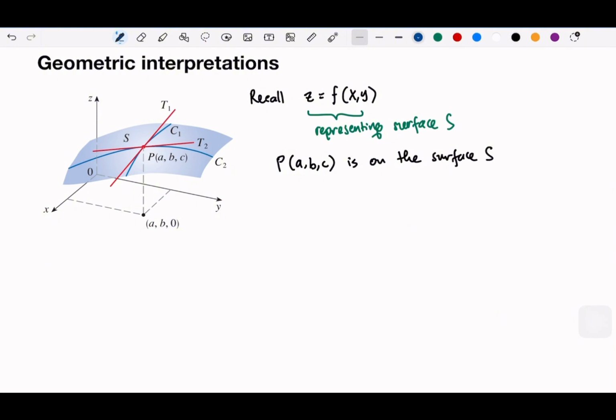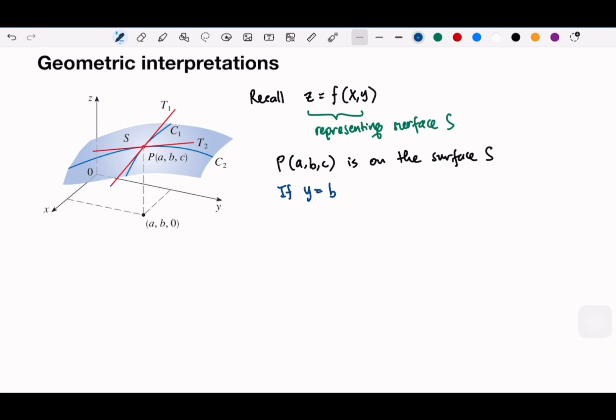And if we take y equal b, it means that you see this is a, b, 0, okay? So if we take y equal b, it means that all the movement is only on the C1. This is the y equal b.